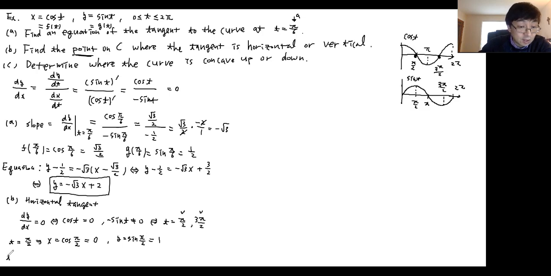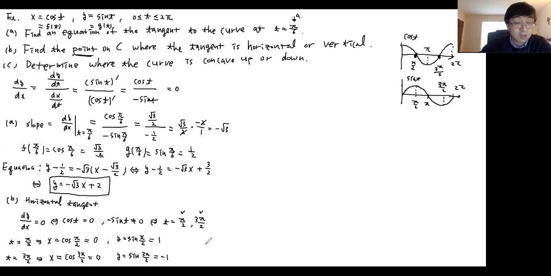The next, t equals 3 pi over 2. Same thing. Plug into x: x is cosine of 3 pi over 2, which is 0. The y value: sine of 3 pi over 2 is negative 1, right?